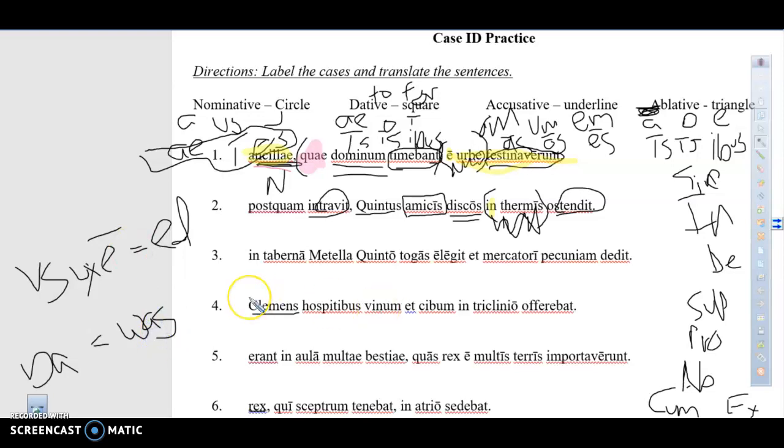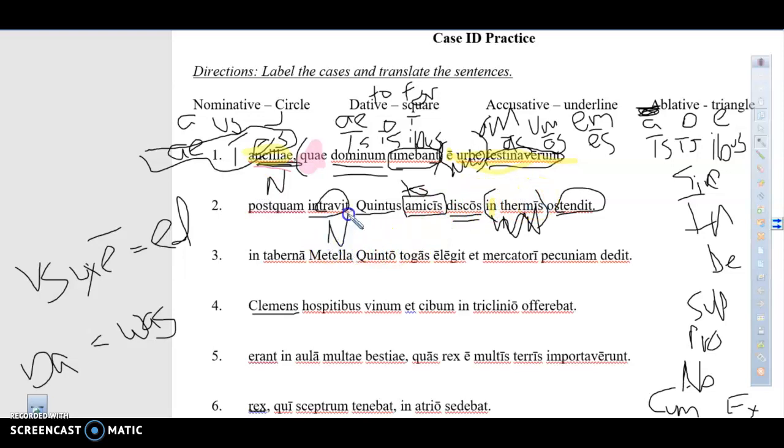Okay, number 3. Oh, sorry, I didn't finish the sentence. After he entered the baths, Quintus, now go all the way to the verb. Showed, and then really, as long as you say to the friends, you can do the rest however you want. Showed the discs to the friends in the baths.